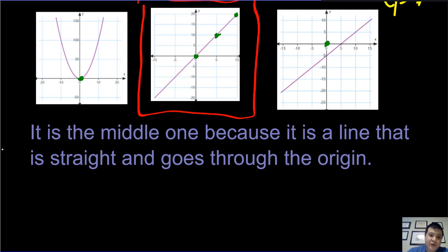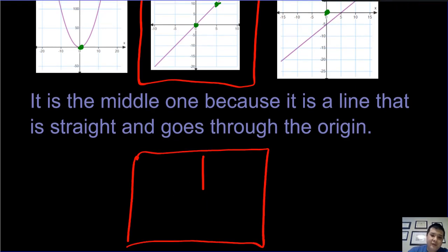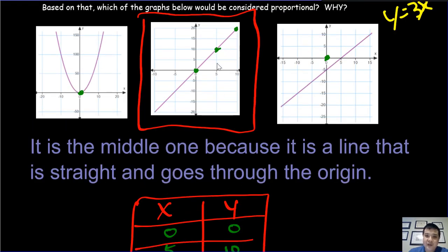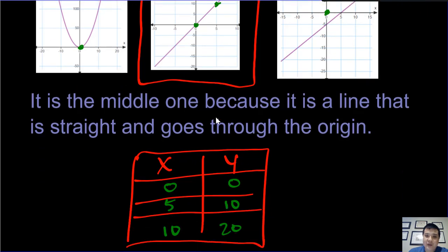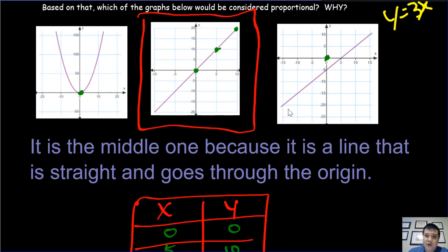If we were to take those points and put them in an XY table, this is our X and this is our Y. We would start off with what we already know is part of every single proportional relationship, which is 0, 0. Then we have 5, 10, and we also have 10, 20. Remember that the X value always goes first inside a coordinate point.